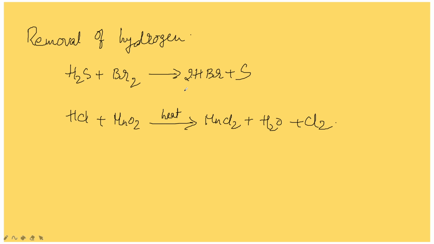So what is the reduction process? A process which involves removal of oxygen or addition of hydrogen is called a reduction reaction. Removal of oxygen, this is the oxidation process which we have learned. Now next one is reduction. What is reduction?